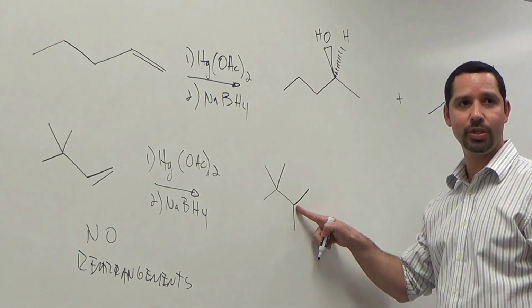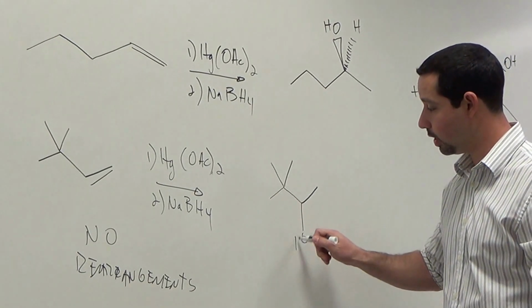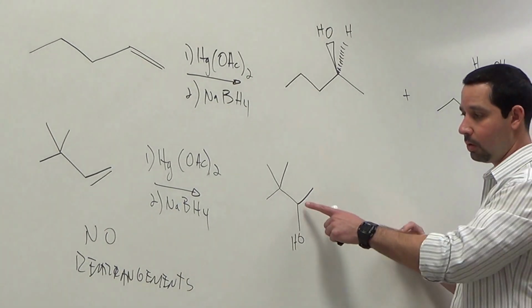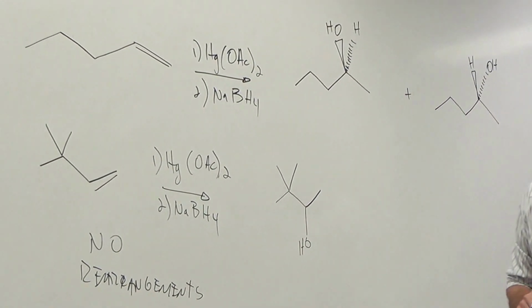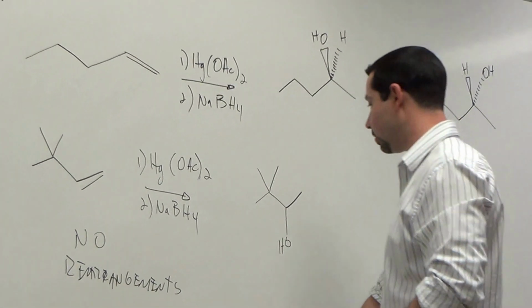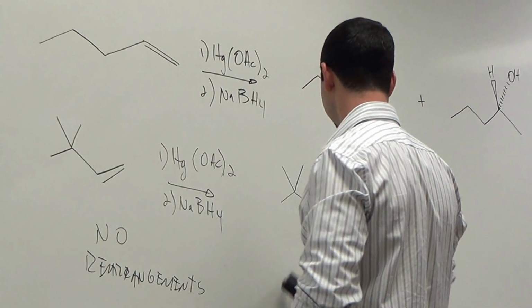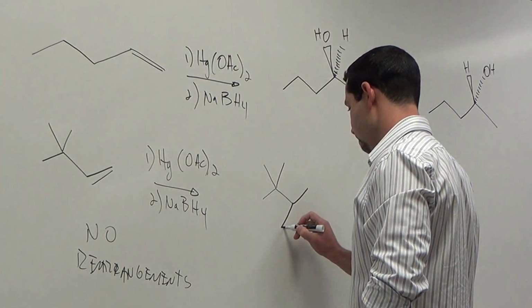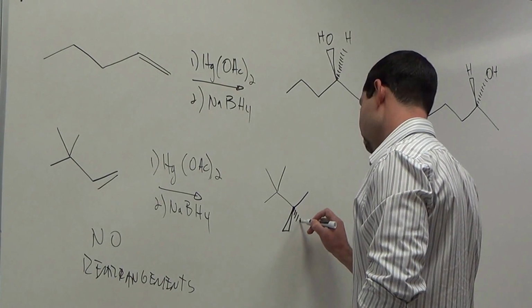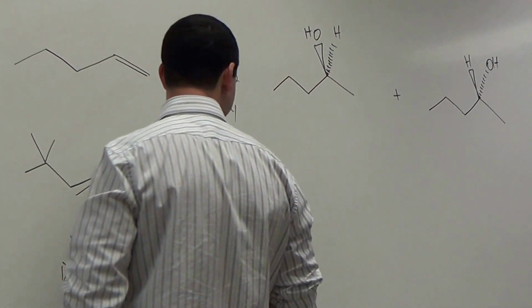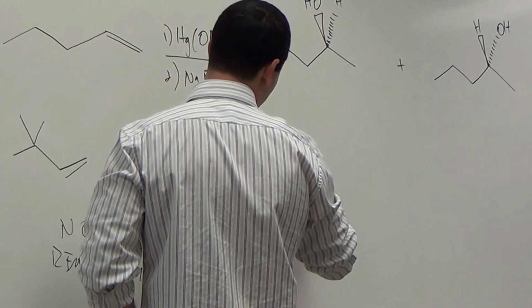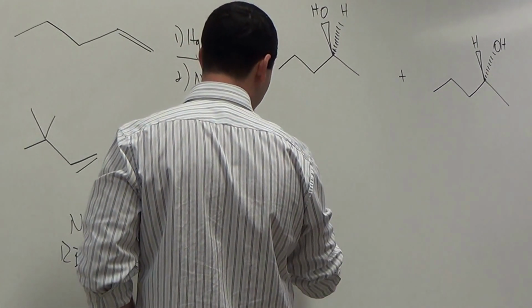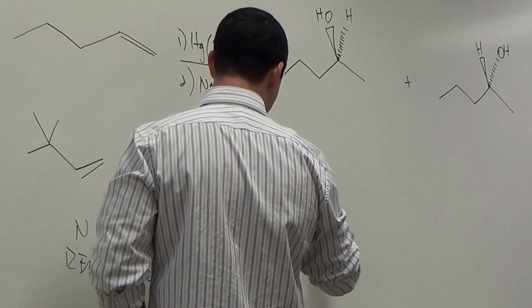I want you to go like this, OH, and then you go group 1, group 2, hydrogen, and this one. That's 4 different things on this carbon. This is roughly 109 degrees, so where does the OH go? I put the OH here.